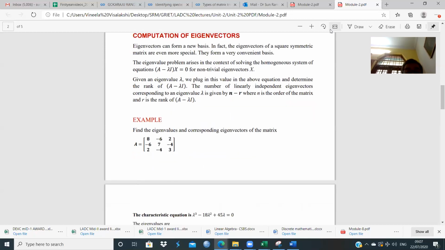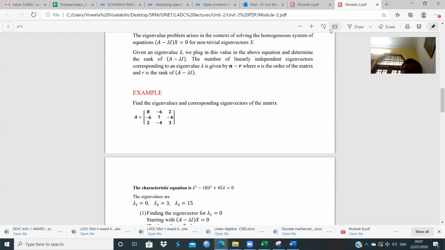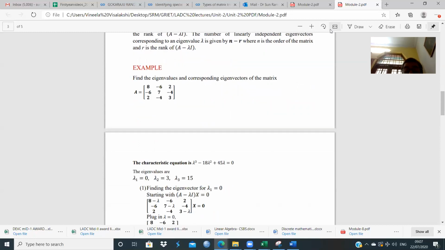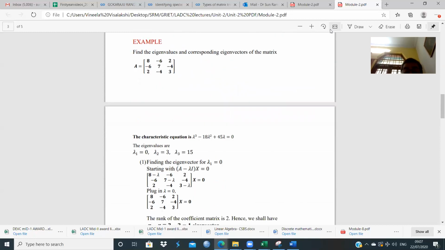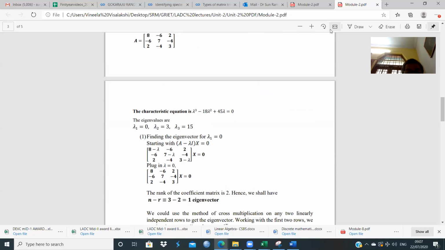So let us take an example. It's a 3 by 3 matrix which is symmetric. So first we build the characteristic equation, and as anticipated, the eigenvalues are real because the matrix is symmetric. Let me explain finding the eigenvector corresponding to lambda 1 is equal to 0, which can be repeated for the other eigenvalues also.